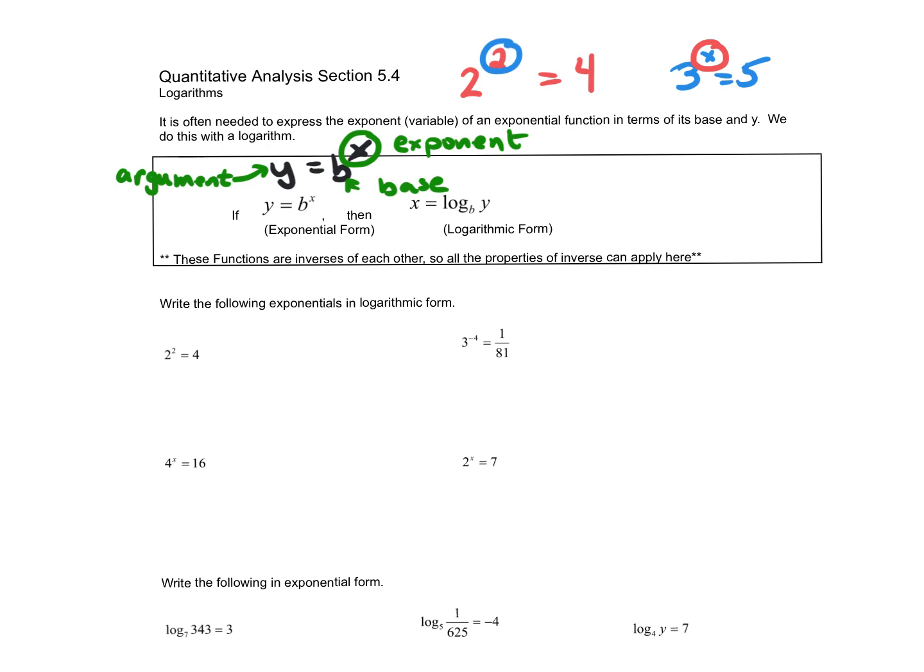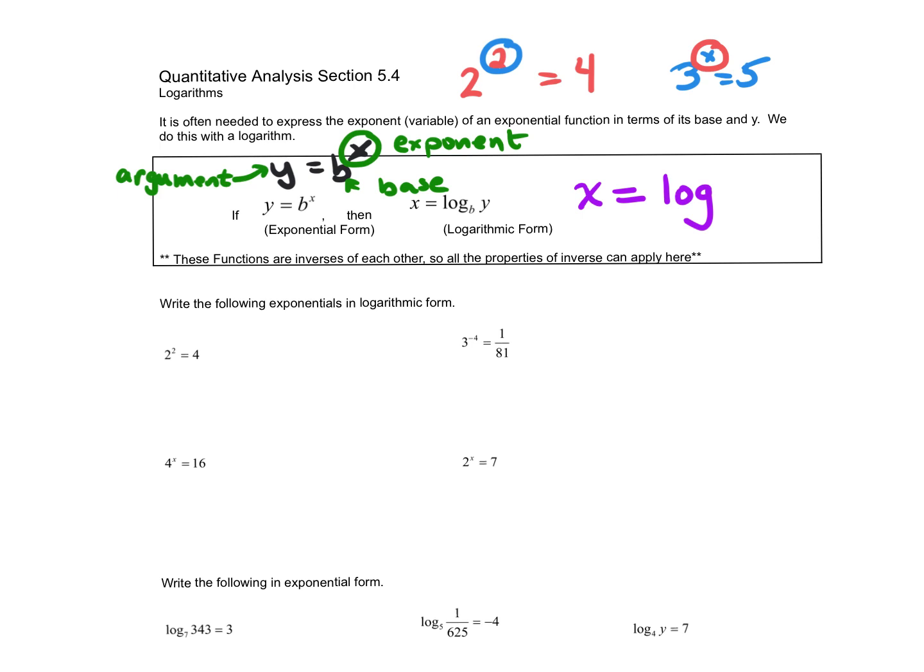Okay? So the idea is I have this exponent, and I'm saying all logs are exponents. So what I'm claiming is I can write this exponent by itself. So I can write x by itself. So if you have an exponent, it's always equal to log of something. So in logs, we have two numbers. We have a base, and we have a value, which we'll eventually call the argument, not surprisingly.